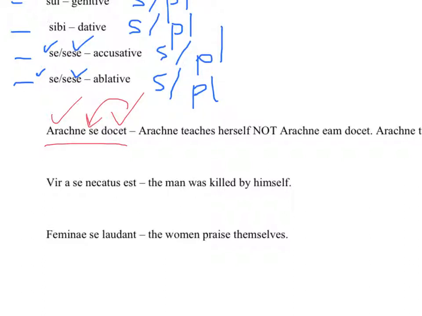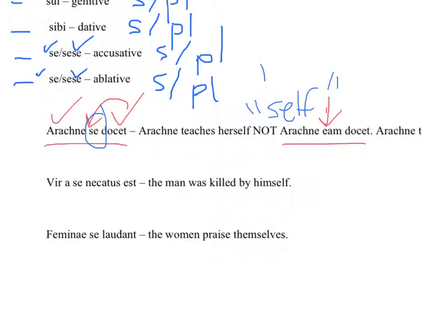That's a different sentence than if you said Arachne eam docet. That's is, ea, id right here. Eam. It's the accusative singular feminine form of it. Instead of saying Arachne teaches her, you want to say Arachne teaches herself. So the sui, sibi, se adds the self to that word.